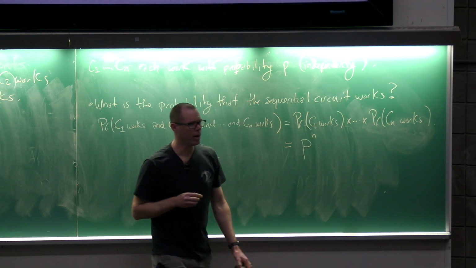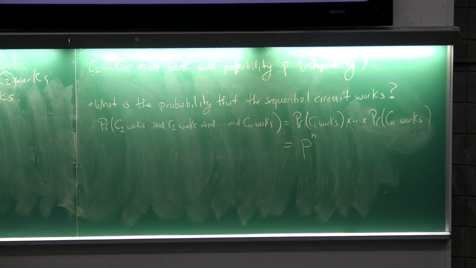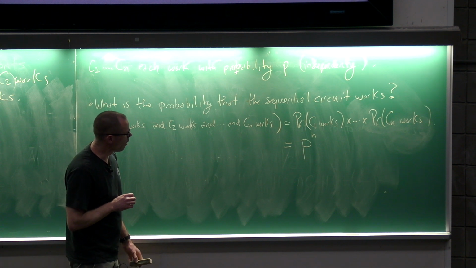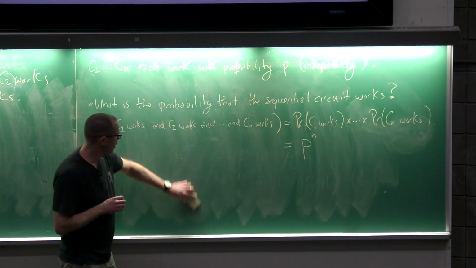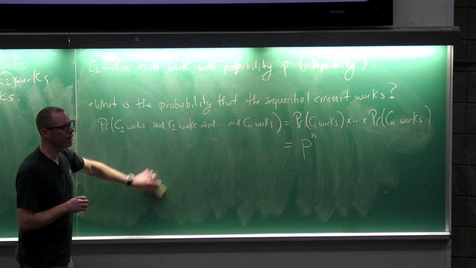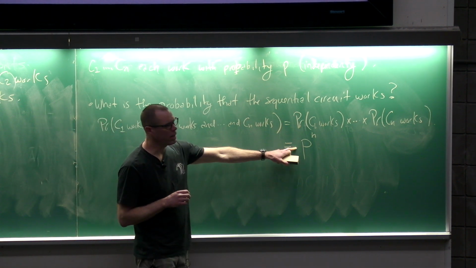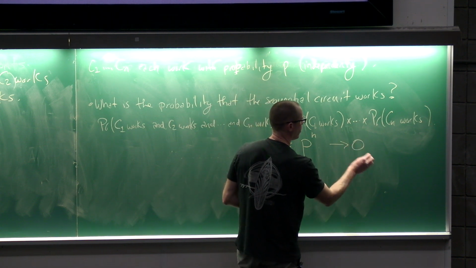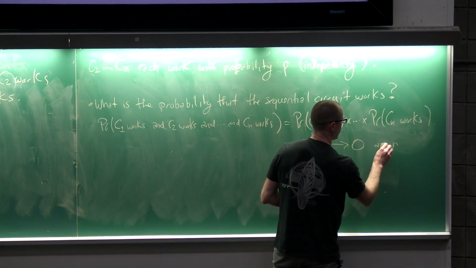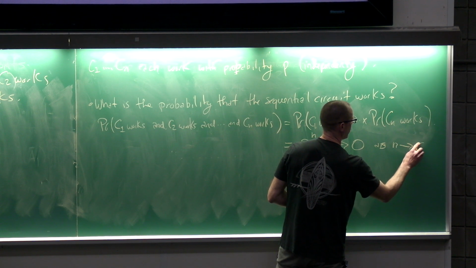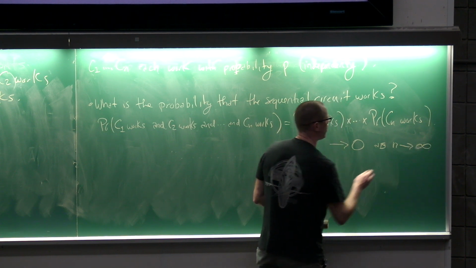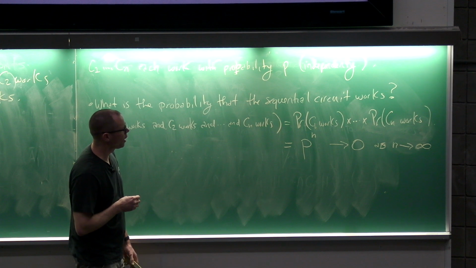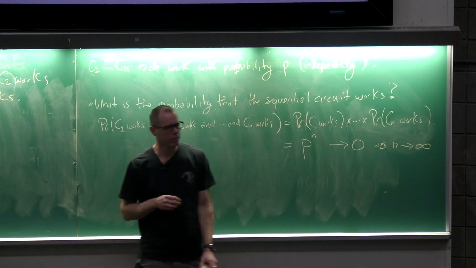So this is P to the power n. And we already decided that as n gets big, unless P is equal to 1, this thing is heading towards 0. So the longer and longer you make this circuit, the less and less likely it is to work.